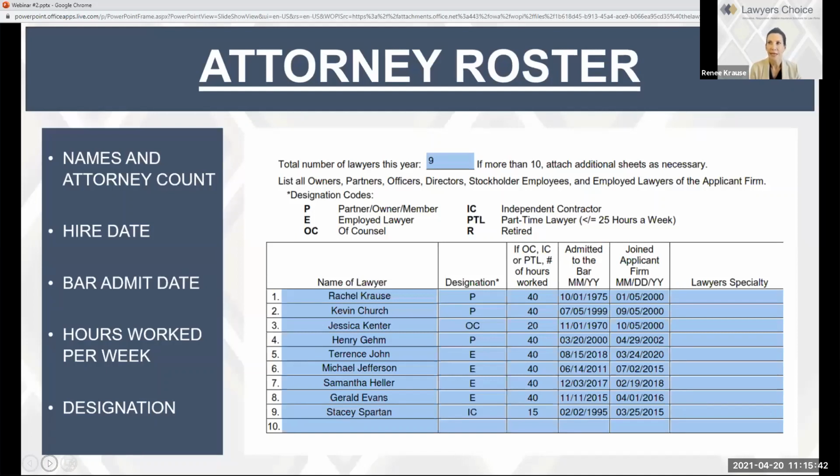And they'll ask the name, designation, hours worked, bar admit date, and the date they joined the firm. And so what's important to note here is hours worked per week is important. And often we'll find that our clients maybe have been answering the application in a certain way for years and kind of don't pay attention to this.